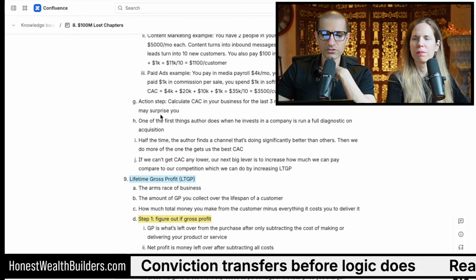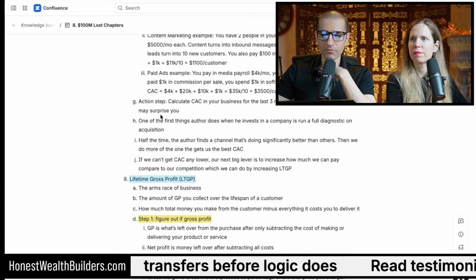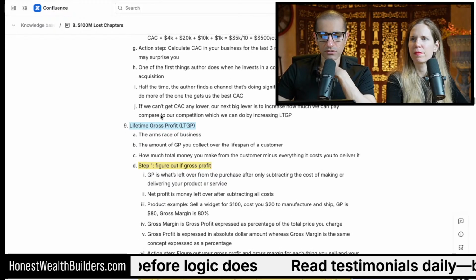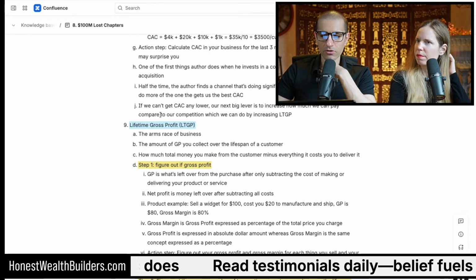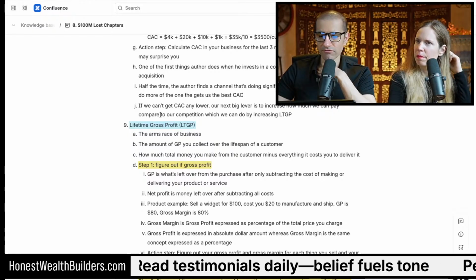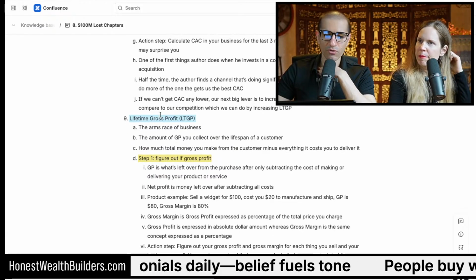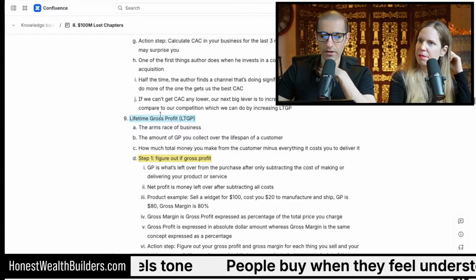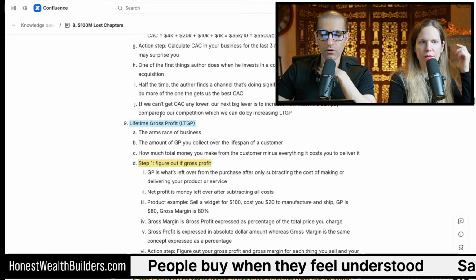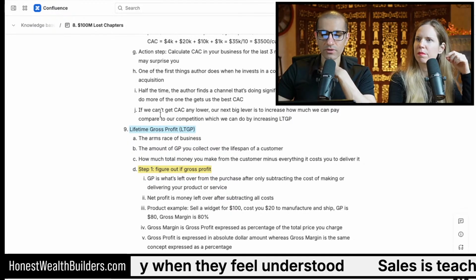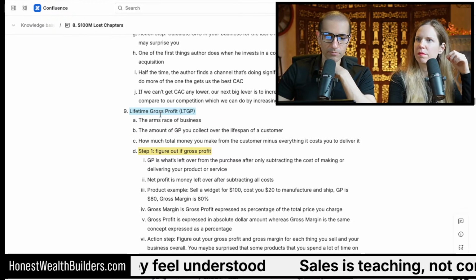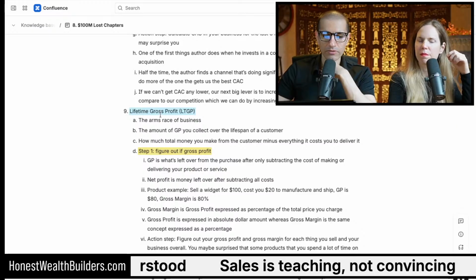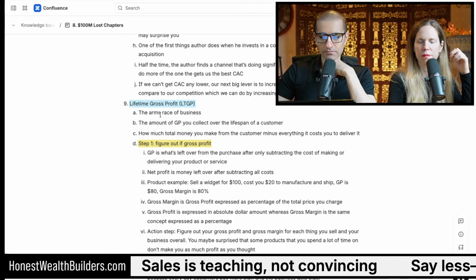One of the first things the author does when he invests in a company is run a full diagnostic on acquisition. Half the time, the author finds a channel that's doing significantly better than others. Then we do more of the one that gets us the best CAC. If we can't get CAC any lower, our next big lever is to increase how much we can pay compared to our competition, which we can do by increasing LTGP.